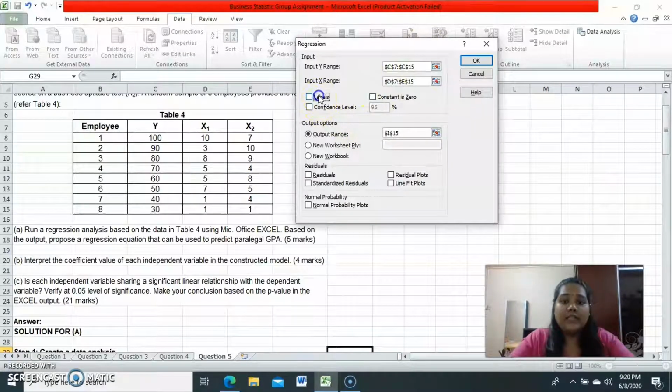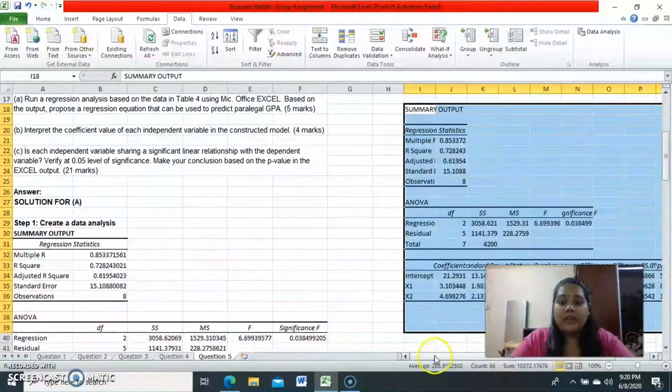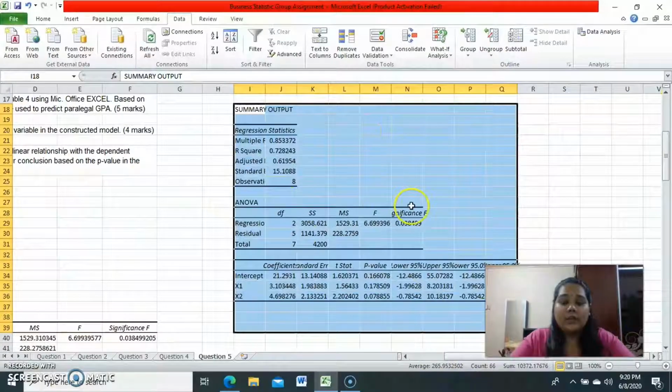Then click Labels and then Output Range. For example, here I want my output to be here, so I click this cell. If you want the output in a new worksheet, you can click here. So click OK. So here we go, I have my new table here. This will be the first step.